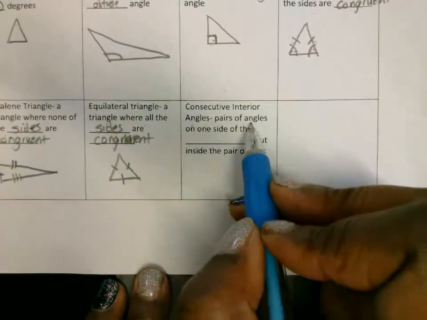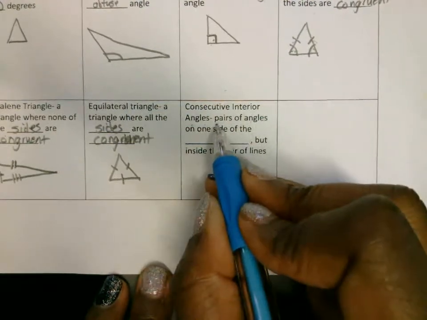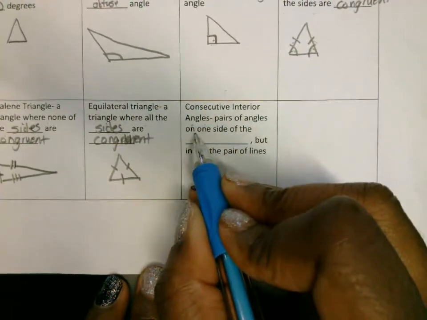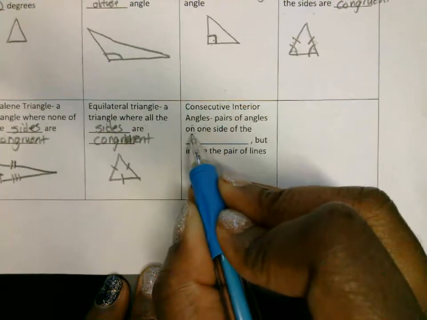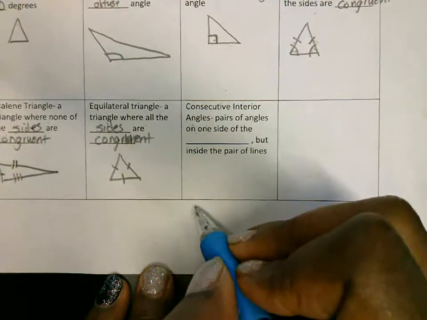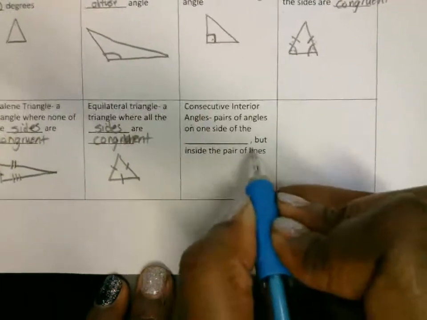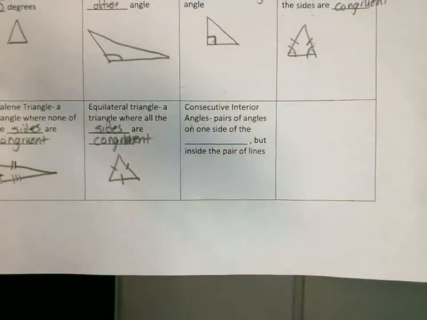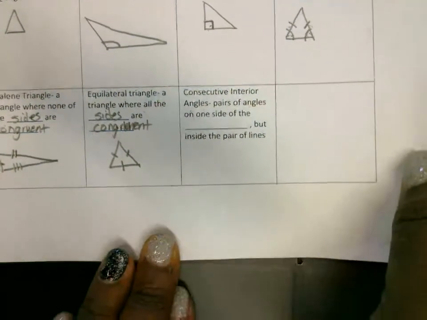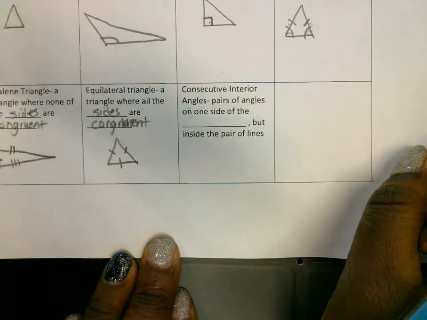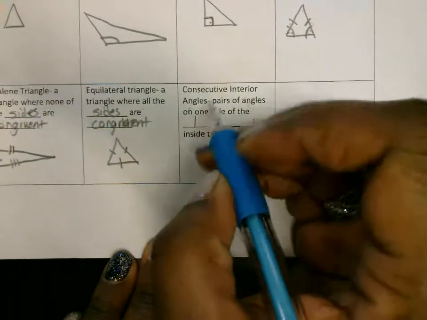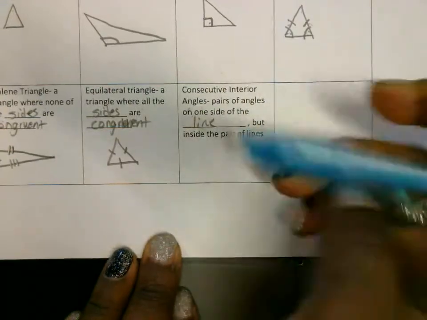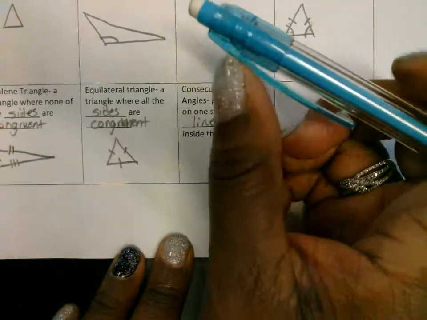Consecutive interior angles, okay, are pairs of angles that are on one side of the parallel lines.